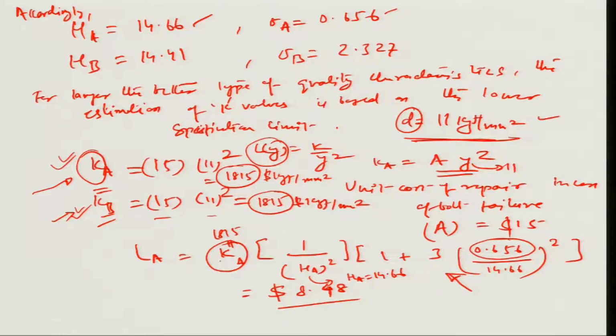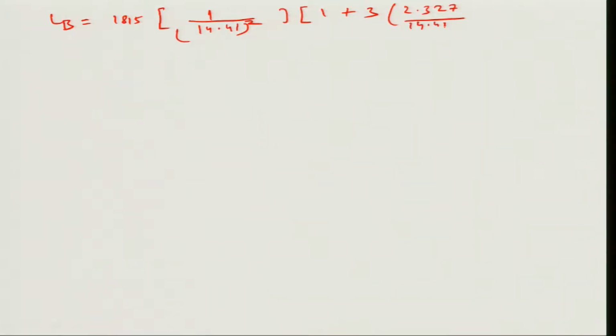So, a similar kind of analysis can be done for calculating the loss of product B. Here the value can be 1815 divided by 14.41 square, which is the new mean for the process B among the 20 observations of the specimens destructively tested earlier, times 1 plus 3 times 2.327 divided by 14.41 square. This is the mu B by sigma B square. Okay, and this results in something like $9.40.